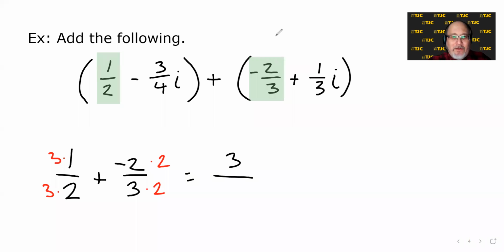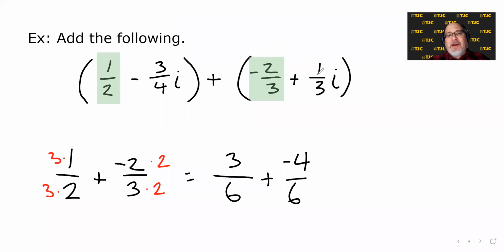And in the first fraction on the bottom, well, we know what we get because we were shooting for a common denominator. 3 times 2 is 6. So 1/2 is the same as 3/6. Plus, in the second fraction's numerator, we have -2 times 2, that's -4. And in the second fraction's denominator, we have 3 times 2, which of course is going to give us 6.